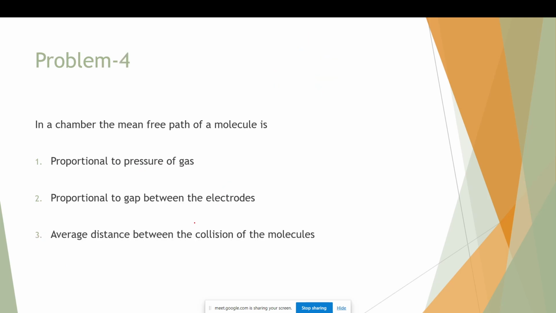So in a chamber, the mean free path of a molecule is, okay. Mean free path is the path before which it collides with the next molecule. So proportional to pressure of gas? Proportional is not the correct word here. If the pressure of gas is higher, then there are more molecules close to each other, then the mean free path before it collides with the next molecule will be lower, right? So it is inversely proportional.